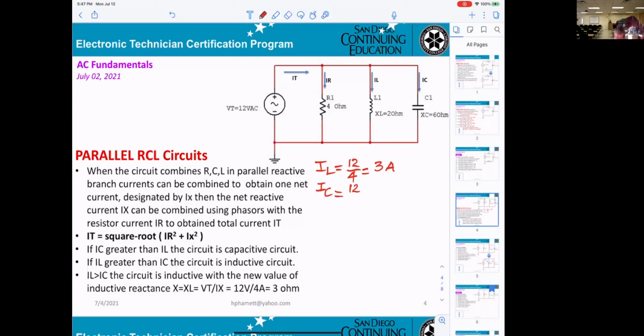No. XL equals 20. Sorry. So what do you get?